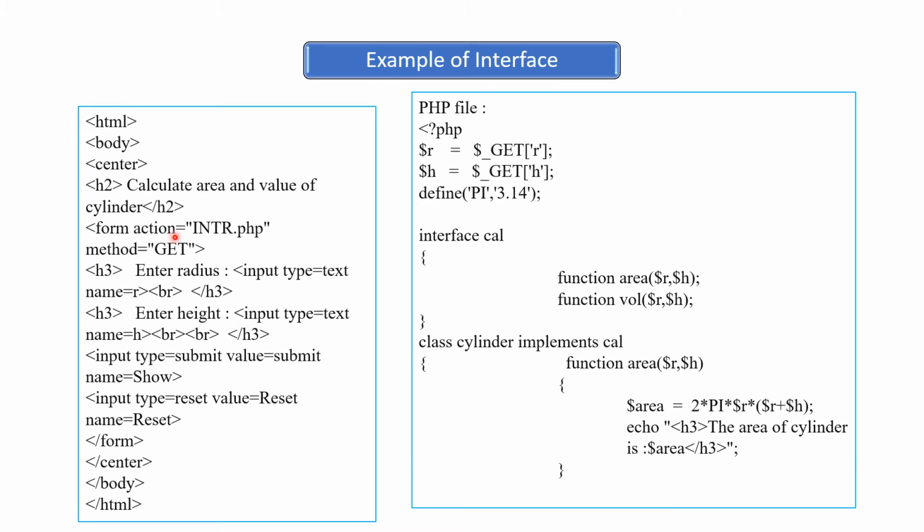And in the action part you can provide the name of your PHP file, and then you can provide two types of buttons, the submit button and the reset button, with the radius text field having the name R and the height text field having the name H. After that, in the PHP file, you can first retrieve the values entered in the text fields and store them into $R and $H.